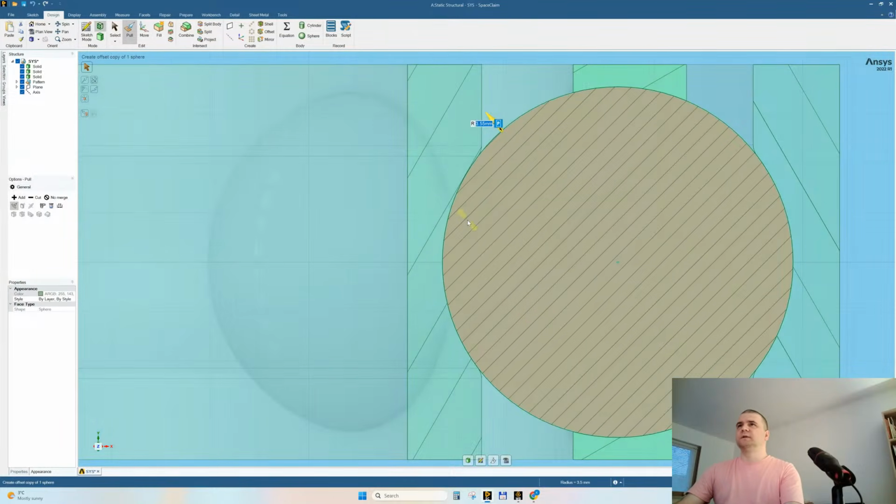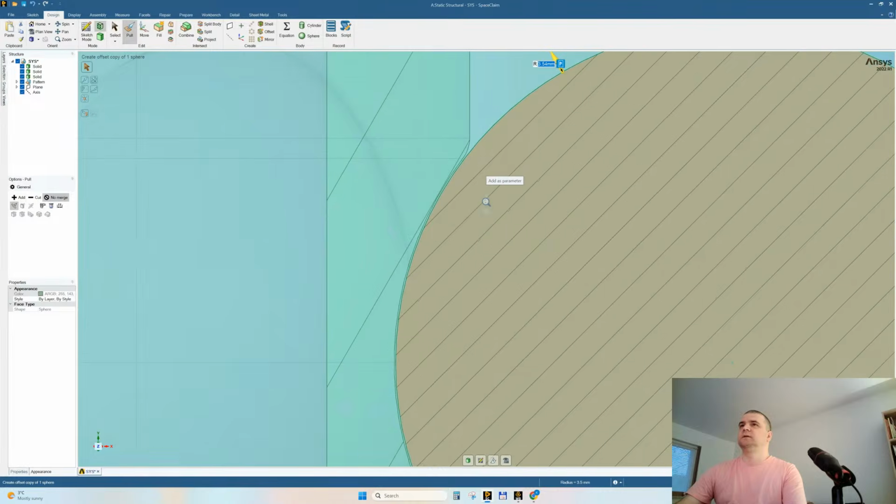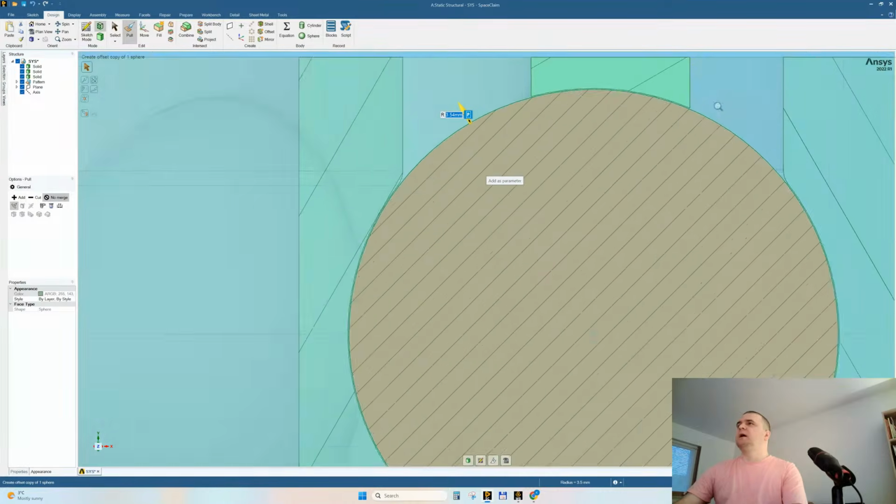Undo, Control Z. Let's go here with no merge, 3.52. 3.52. 3.535. Yes. No, I like it very much.